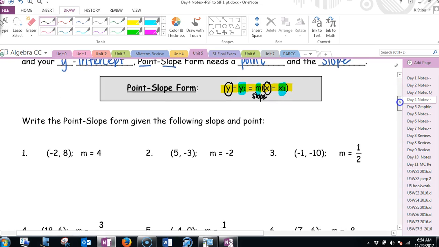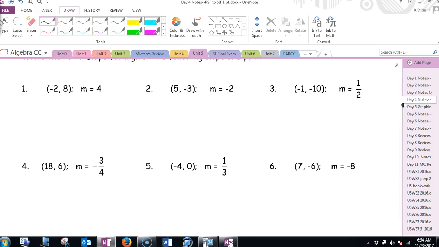Alright, so let's try it. Okay, so the problems we're going to do today, you'll have a point and you'll have a slope. I'm going to go ahead and label xy, okay, or x1, y1 if you would like. So your equation always starts with a y, but it's not going to be y equals anymore. It's y and then the opposite of your y-coordinate. So my y-coordinate is 8, so I will use a minus 8, because that's the opposite.